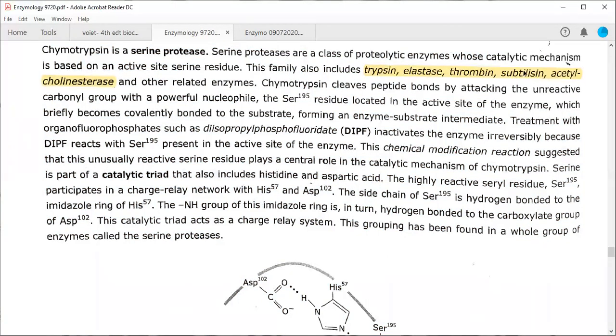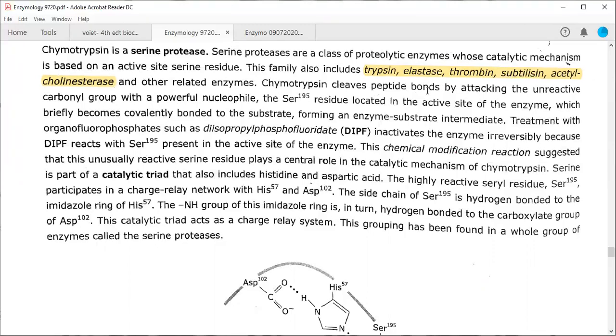Subtilisin was first obtained from Bacillus subtilis, therefore it is called subtilisin. It is also obtained from some other species of bacteria later on, but it is a kind of proteolytic enzyme which degrades specific proteins. Acetylcholinesterase degrades acetylcholine, which is a neurotransmitter, after neurotransmission. Other related enzymes may also come in this class.